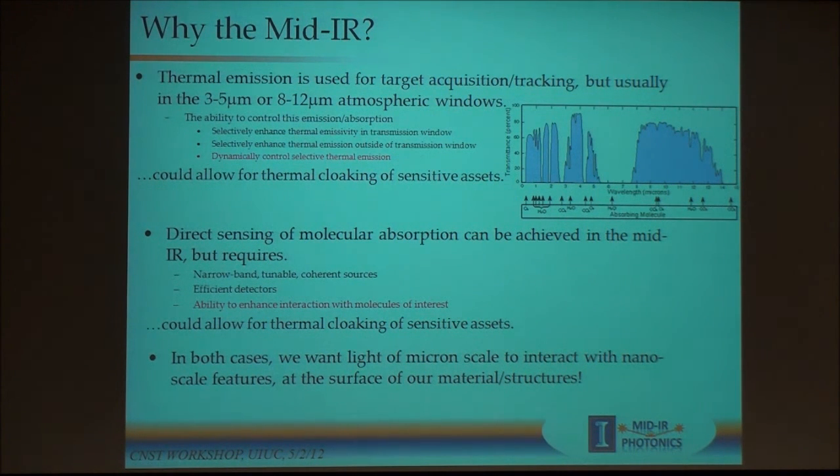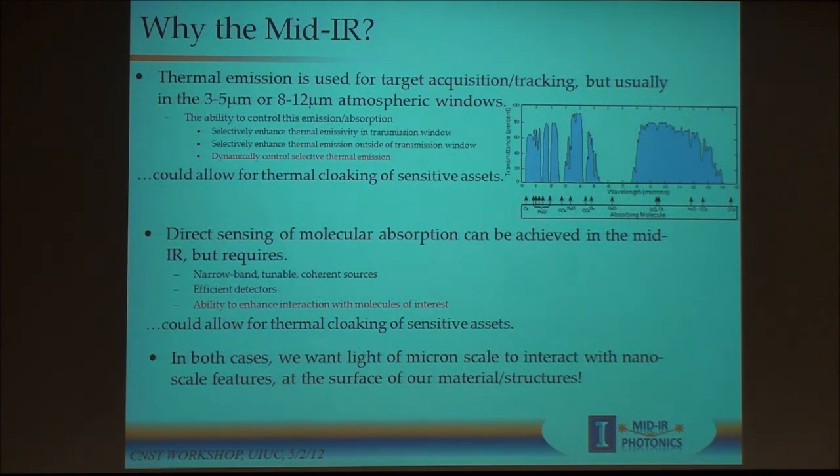Now, one can do that fairly easily with various different types of coatings, but what we're actually interested in is, are there ways that we can make selective thermal emitters where we control the thermal emission spectrally, but also we can control the intensity dynamically. Namely, can we dynamically control the thermal emission of a hot object, and ideally, therefore, blend it into the thermal background and thermally cloak a hot object? So that's sort of on the thermal emission side of things.